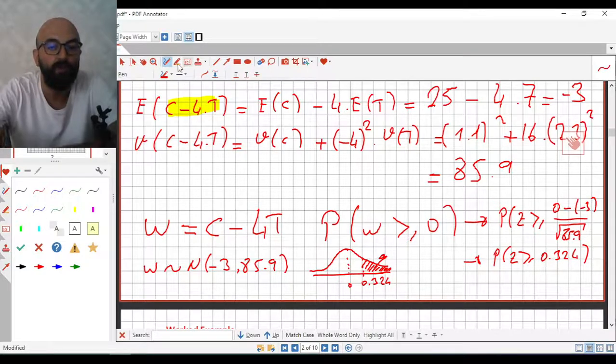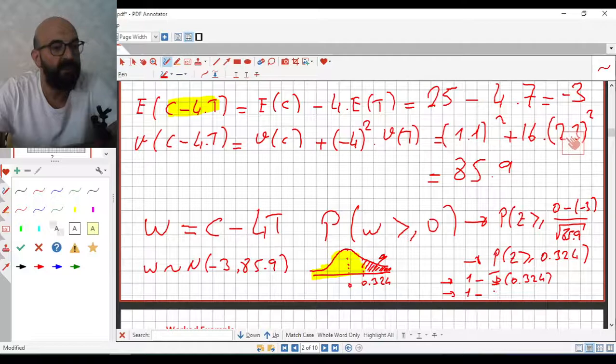If you look at the Z table, you see the big area value. So to find the small area, you should do 1 minus phi of 0.324, and 1 minus 0.6270 means 0.373.